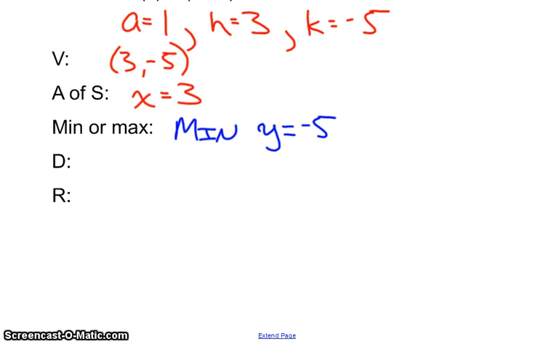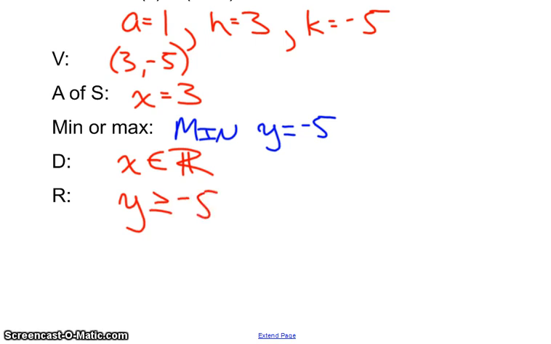Next, we talk about our domain, and that's always just x is a set of all real numbers. And finally, we have our range, again tied directly to our min or max. So we have a minimum value, which means our range is just going to be y greater than or equal to negative 5.